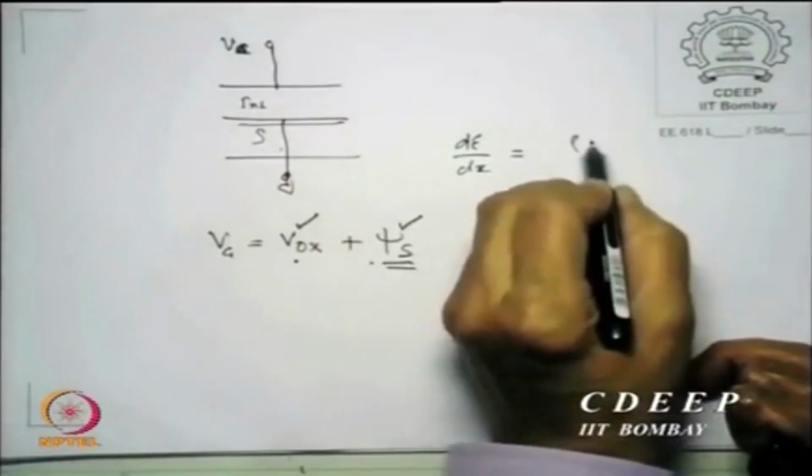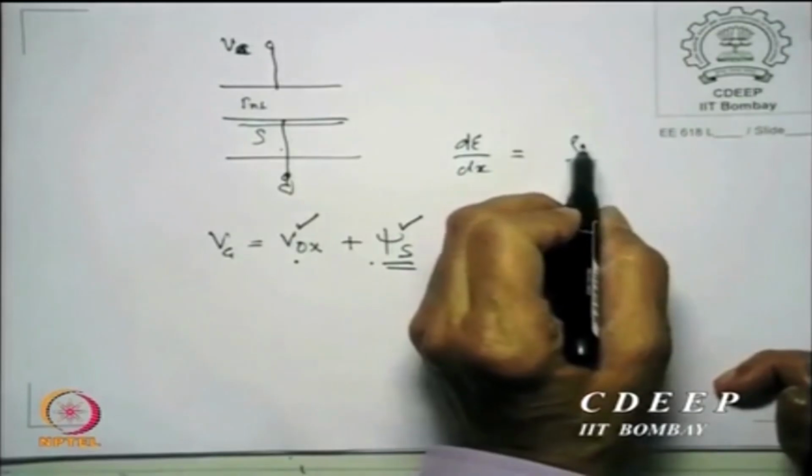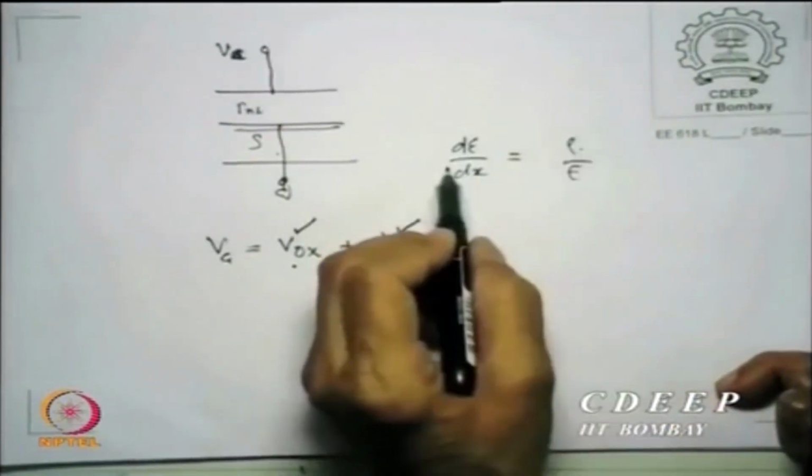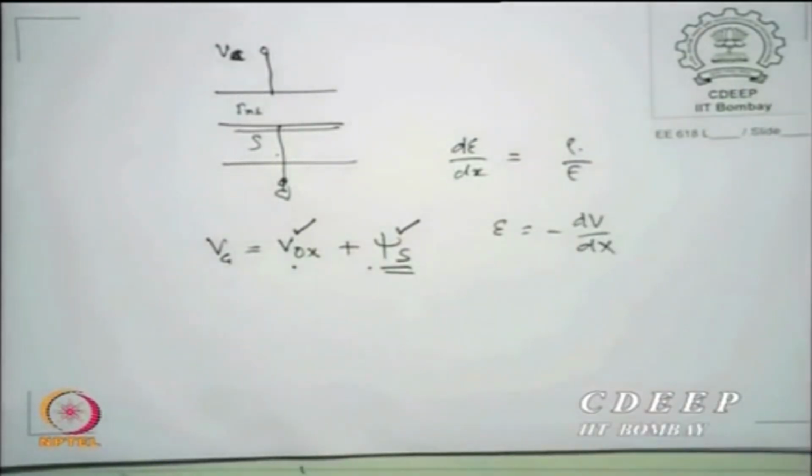Poisson's equation: dE/dx = rho/epsilon, where E is the electric field, epsilon is the permittivity, and rho is the charge density. So the larger the charge, the larger is the electric field, E = -dV/dx, and the larger the field, the larger is the potential. Is that clear? So surface potential can only occur when there is charge available. This is Poisson's equation.